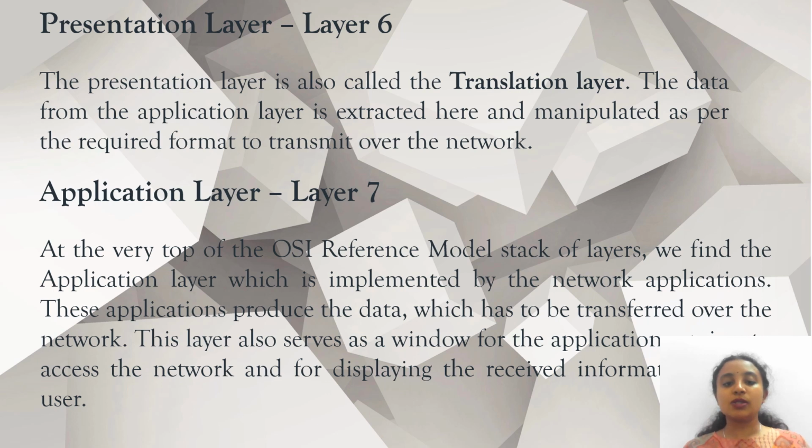This layer also serves as a window for the application to access the network and for displaying the received information to the user. The functions of the application layer are virtual network terminal and mail services, etc.